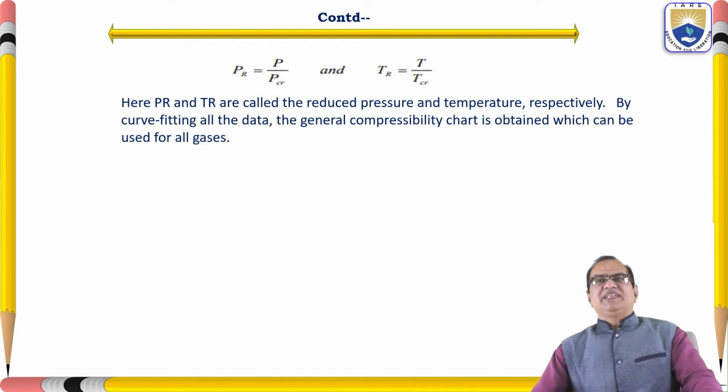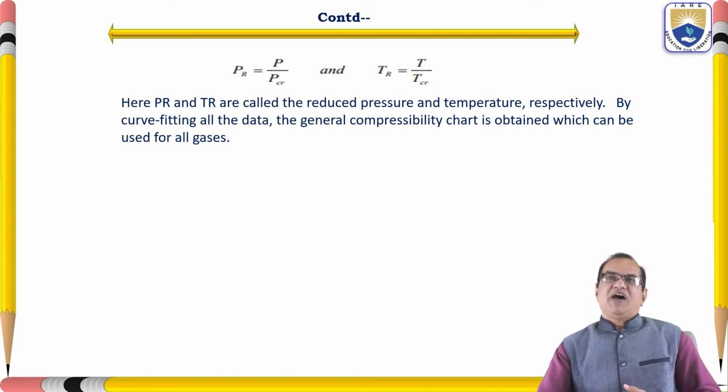Here PR and TR are called the reduced pressure and temperature respectively. By curve fitting all the data, the general compressibility chart is obtained, which can be used for all gases.